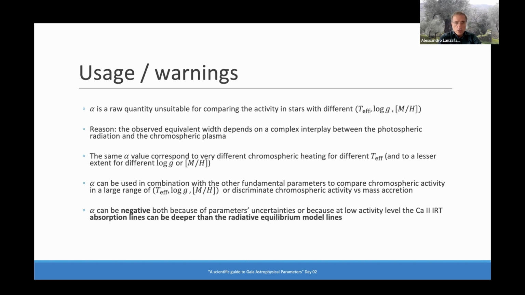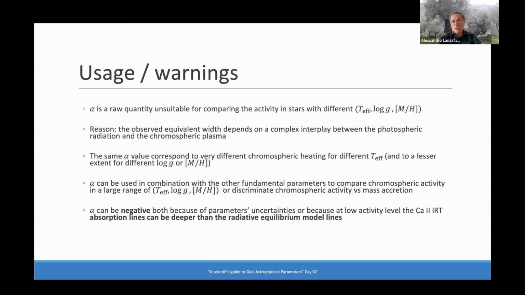However, alpha can be used in combination with the other fundamental parameters to compare chromospheric activity in a large range of effective temperature, log G, and metallicity, or to discriminate chromospheric activity versus mass accretion.